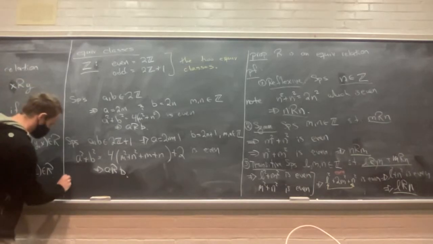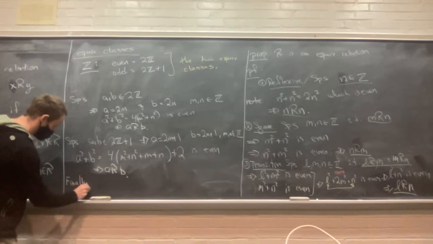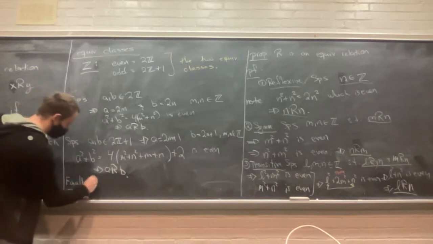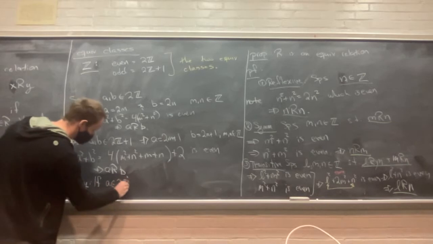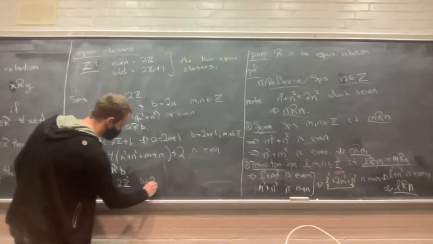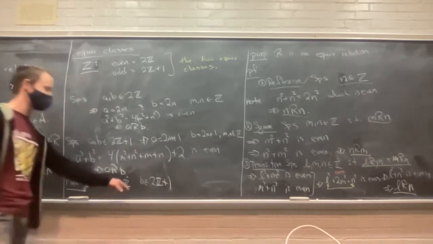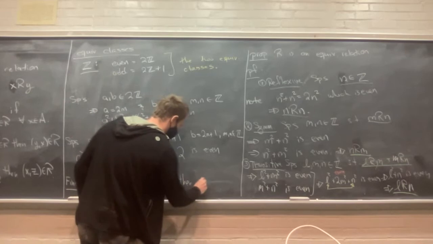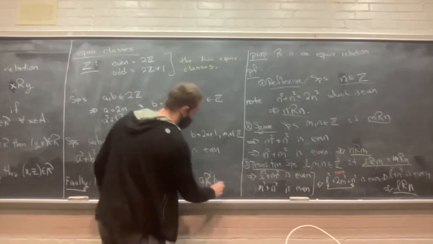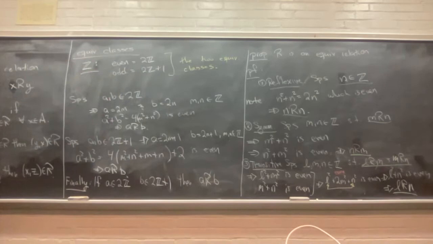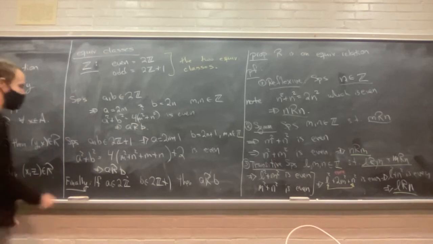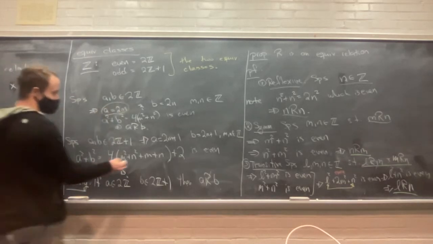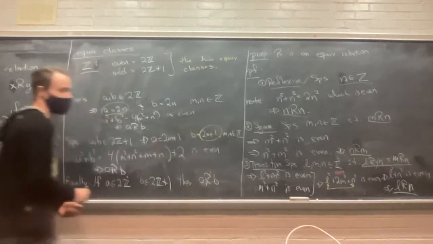And then finally, if A is in 2Z and B is in 2Z plus 1, in other words, A is even and B is odd, then A is not related to B. And I'll let you guys fill in the details for that. But essentially, you just do the same thing that we've done up here. A could be like this, and then B has to be of this form, right?